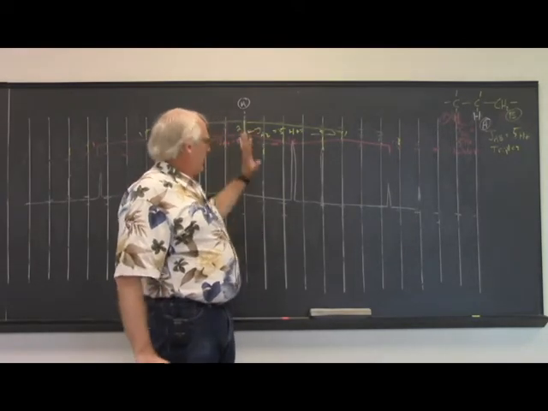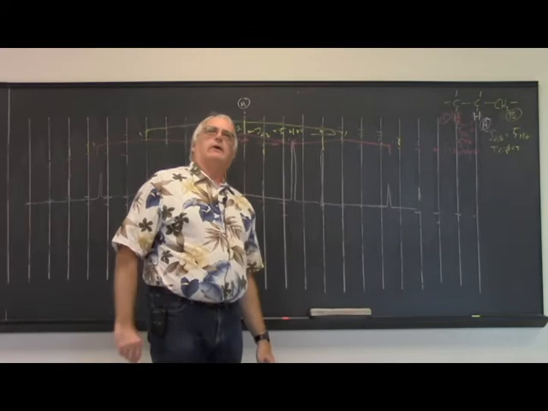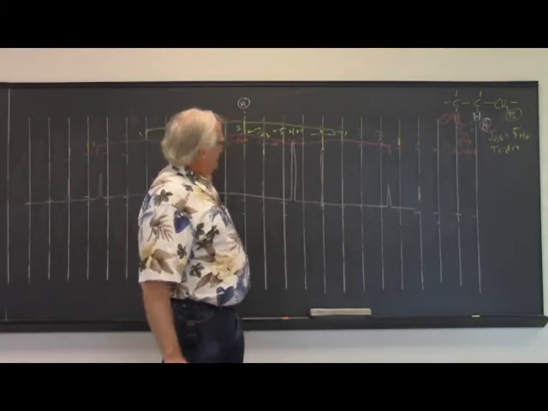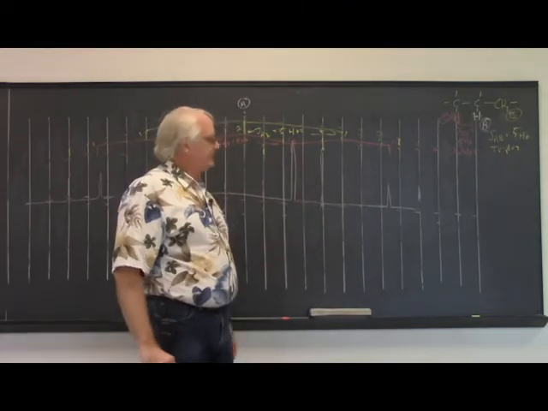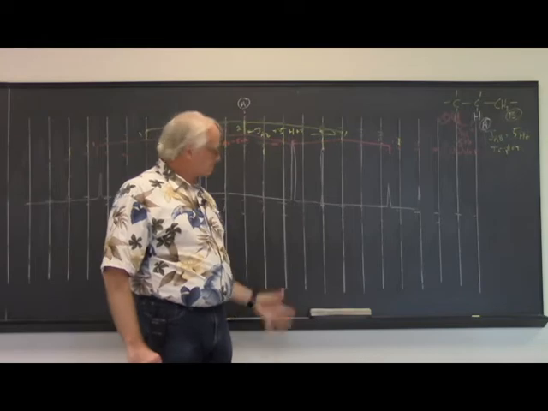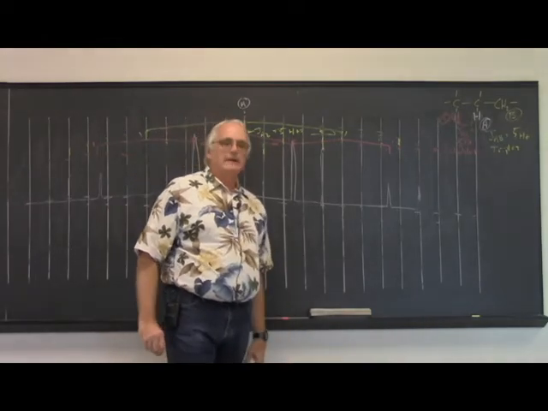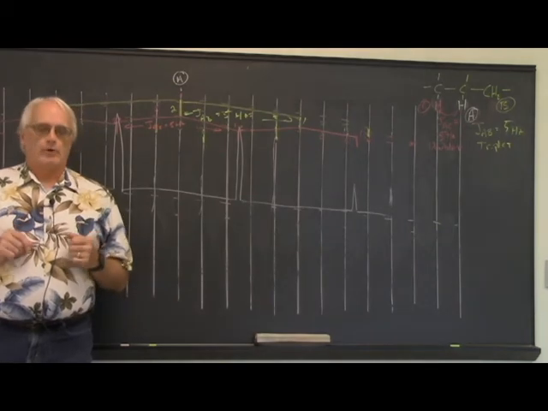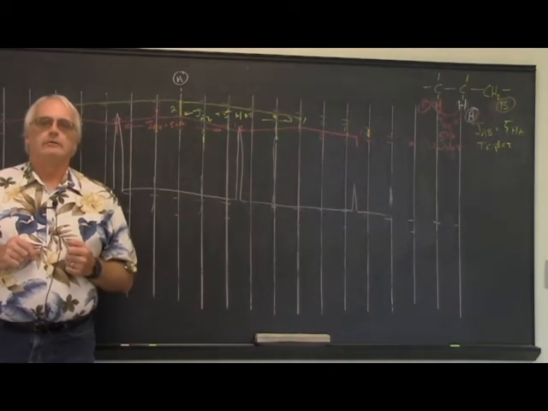Now, I'm not going to do it. It would be a nice exercise. Anyway, if we did it in the opposite direction, what if we did the doublet and then the triplet influence? We will come out with exactly the same pattern. A quartet will emerge.